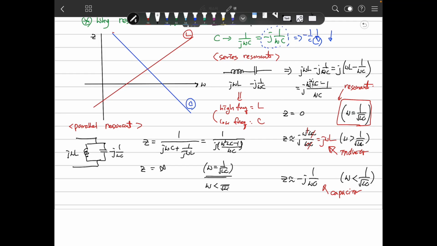When omega is smaller than that value, the impedance is approximately j omega L. When omega is larger than 1 over root LC, the impedance is approximately that of a capacitor.